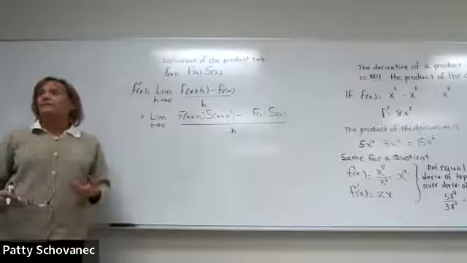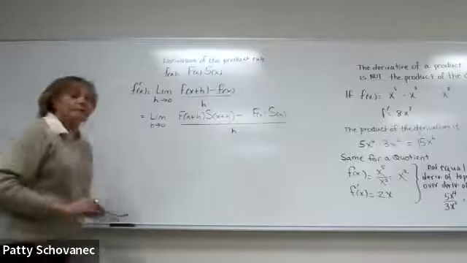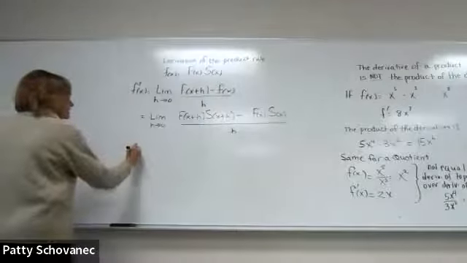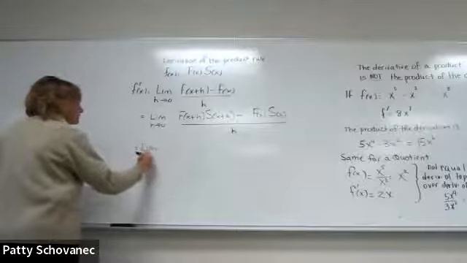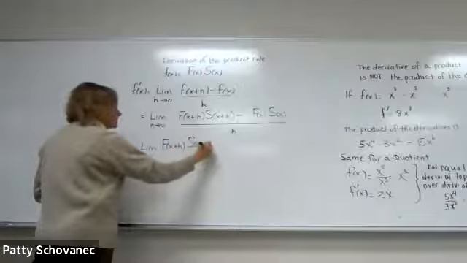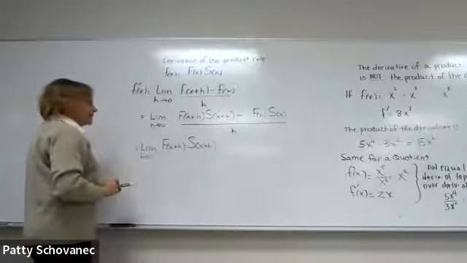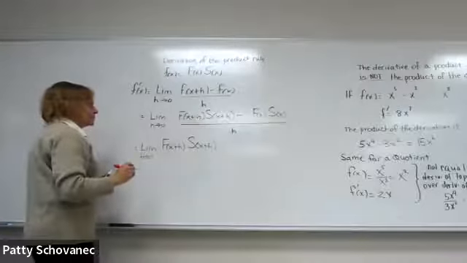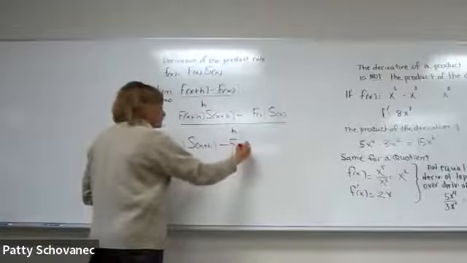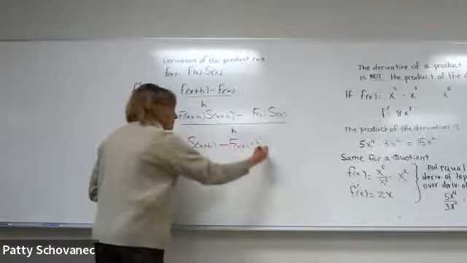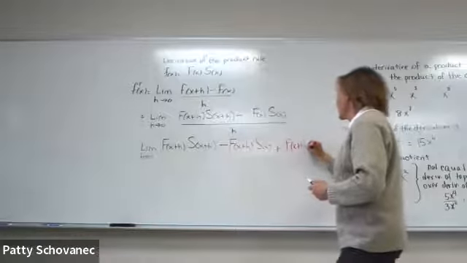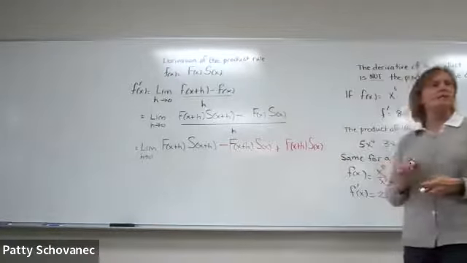So what I'm going to do is I'm going to add 0. Here's how I'm going to add 0 with my handy dandy red marker. I'm going to write this. That's how I'm going to add 0.